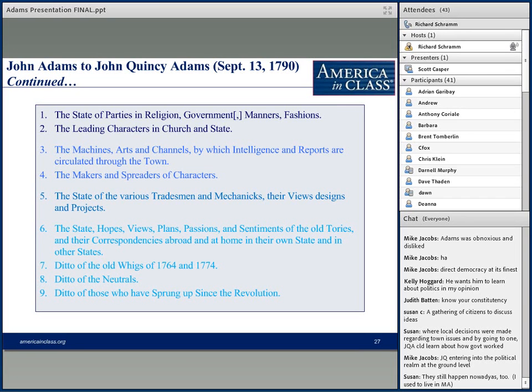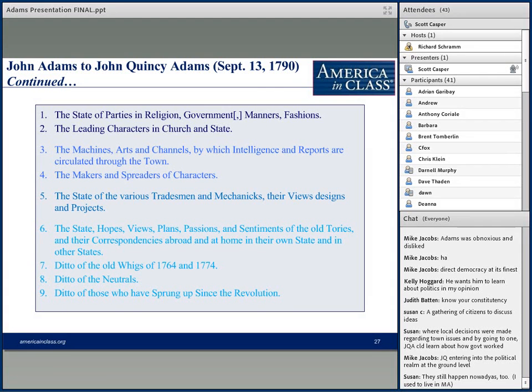Shall we go on? Let's stick with these for a moment, okay, because we've put these into different colors to give a sense of the different topics that John Adams thinks that his son can learn at a town meeting. So the first two are about public life, right? So what are the state of parties in religion, government, manners, and fashion?